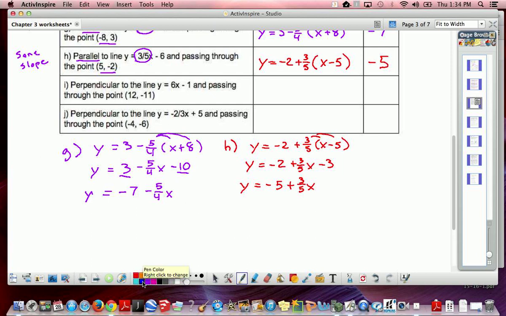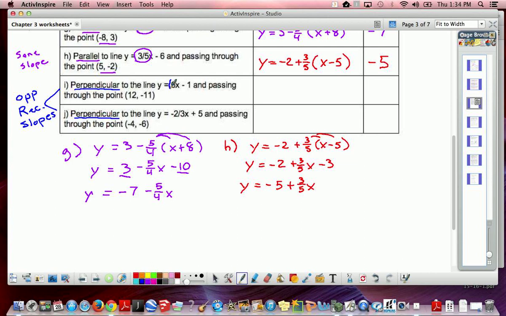Okay, the last two problems, look at the key word here, perpendicular. When you see perpendicular, you should think opposite reciprocal slopes. So when we're talking about opposite reciprocal slopes, that means we take the number, flip it, and make it the opposite.